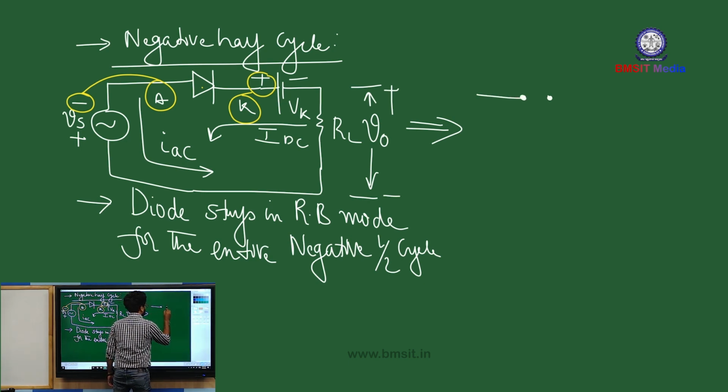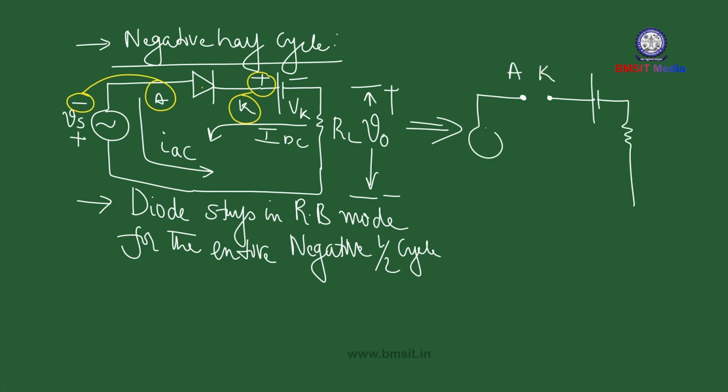Open circuit across the diode terminal, anode and cathode. Source voltage Vs, V0.